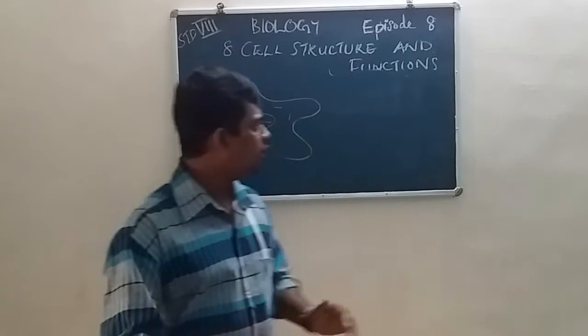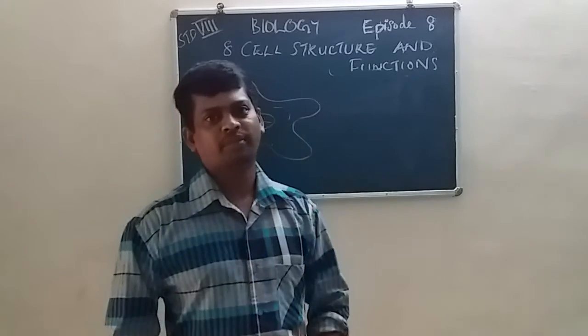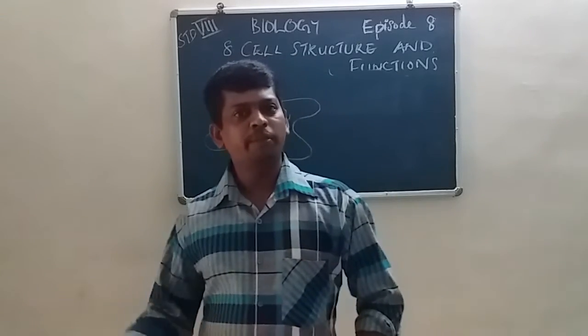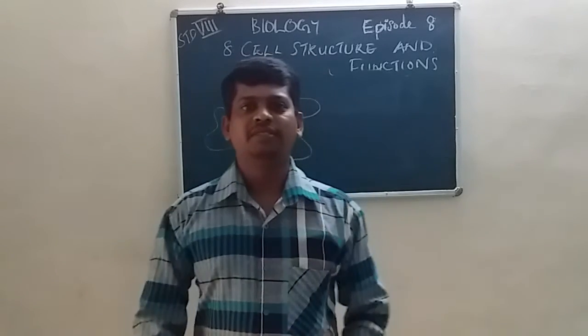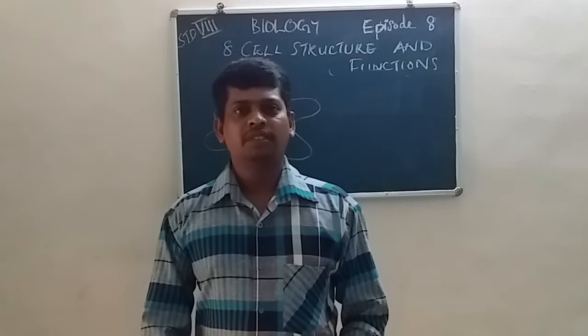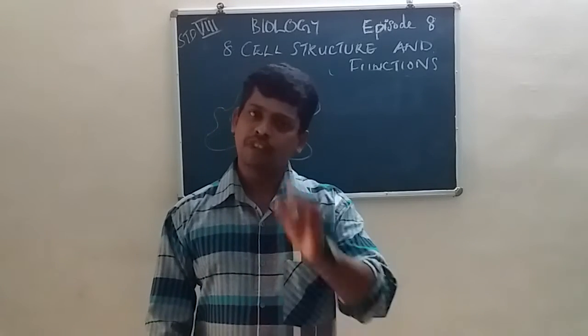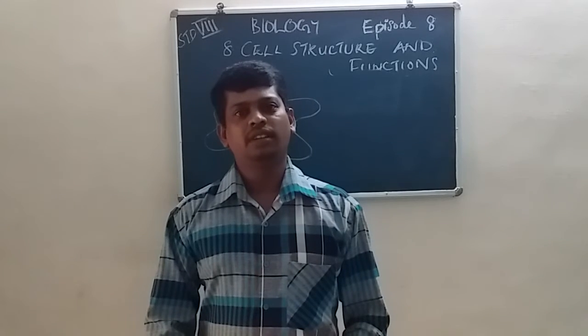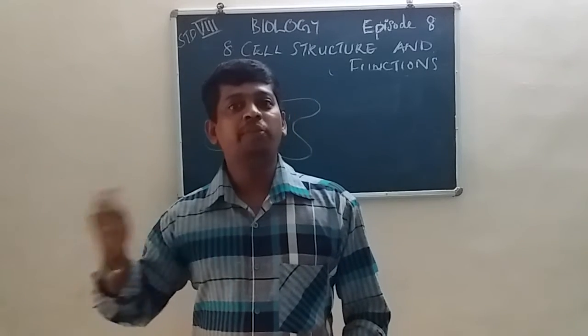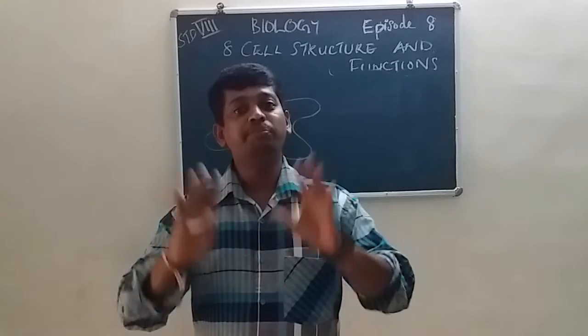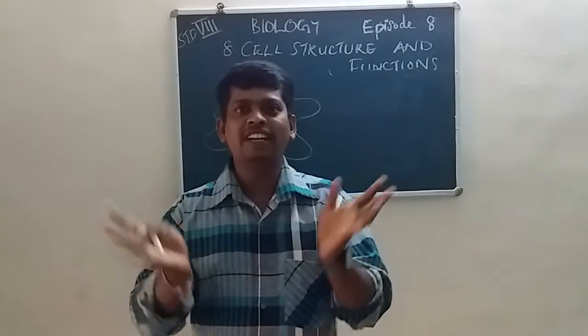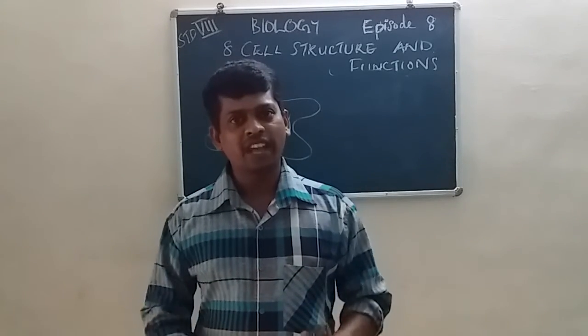WBC is also a single cell, and amoeba is also a single cell. But the difference is that WBC is only one cell, but amoeba is a complete, fulfilled organism.